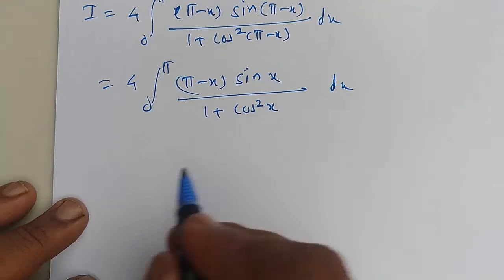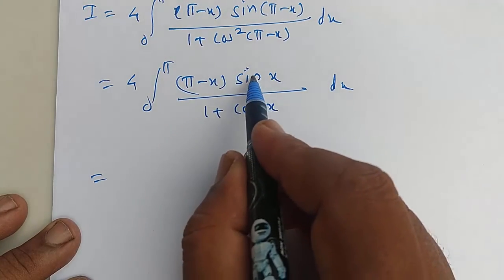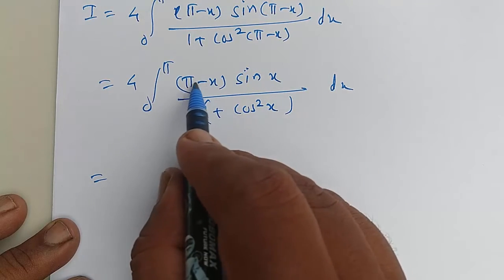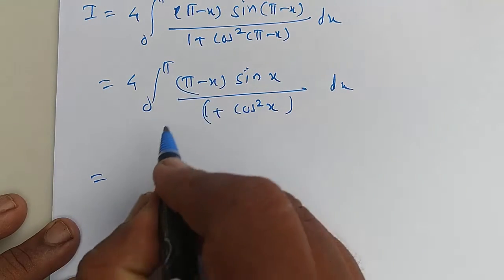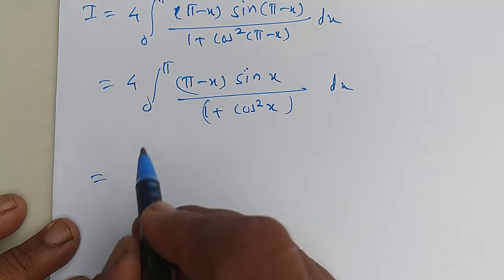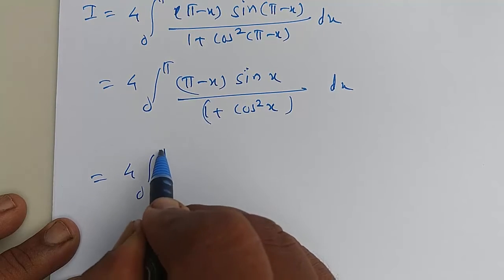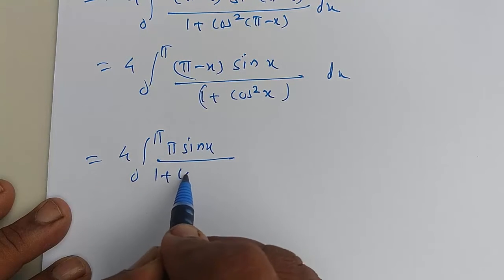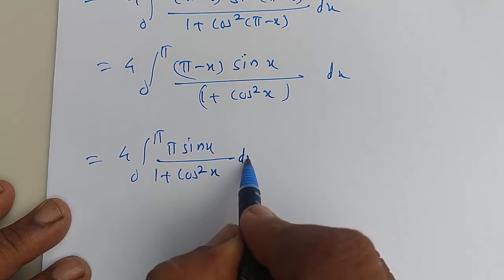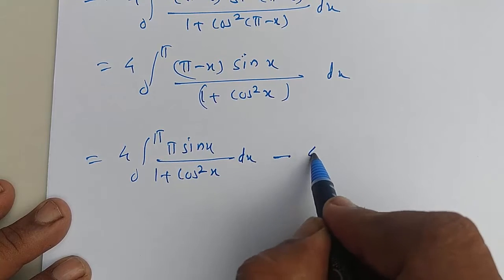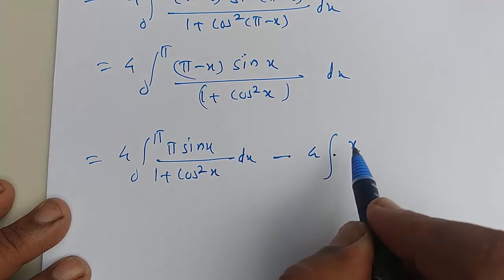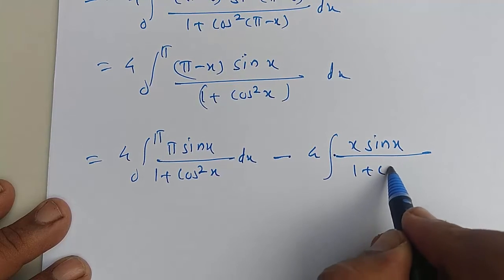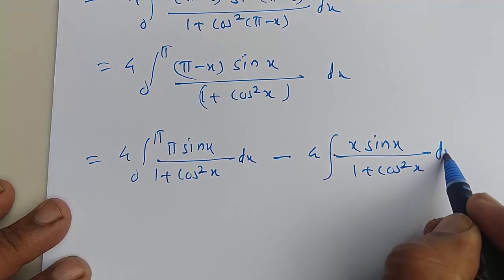So this is 4 times integration 0 to pi of (pi minus x) into sin x upon (1 plus cos square x) dx. Now we multiply sin x upon 1 plus cos square x to each term of this bracket and separate their integrations. We get 4 times integration 0 to pi of pi sin x upon (1 plus cos square x) dx minus 4 times integration 0 to pi of x sin x upon (1 plus cos square x) dx.